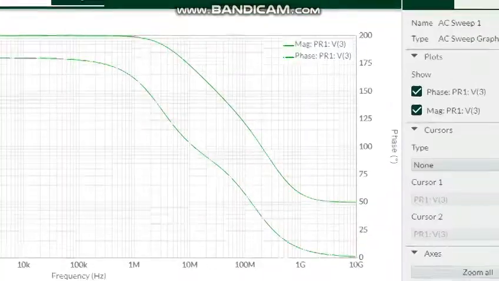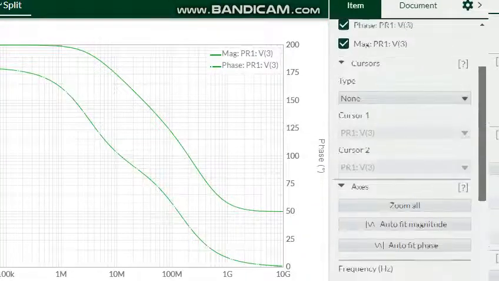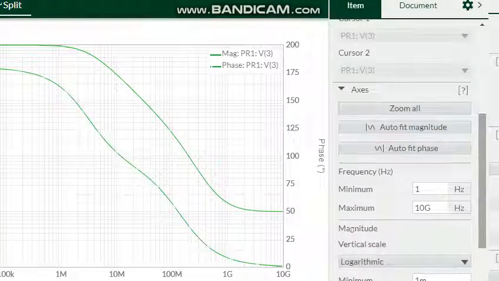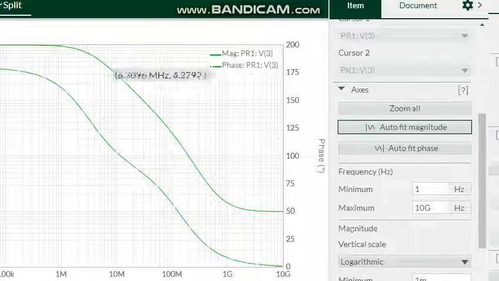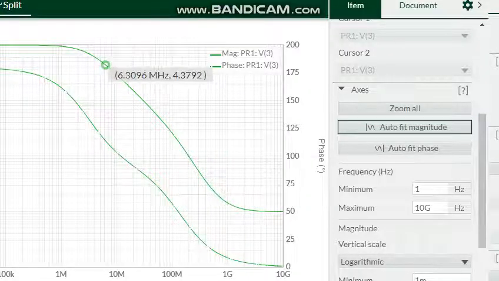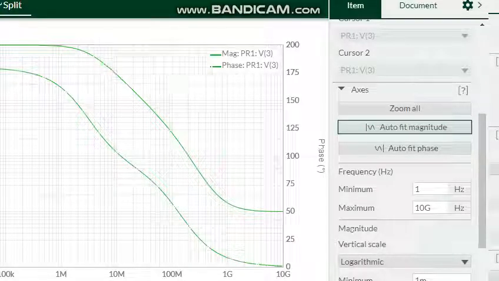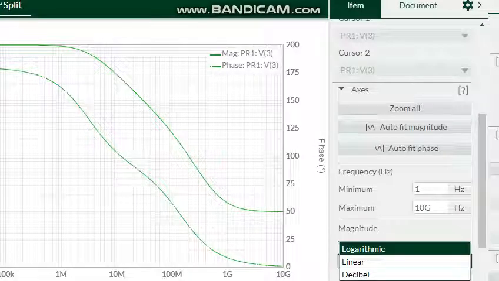How can you find it from here? Just go to the auto fit magnitude. I have fit the magnitude, and there are some values on the logarithmic scale, so change it to the decibel range.